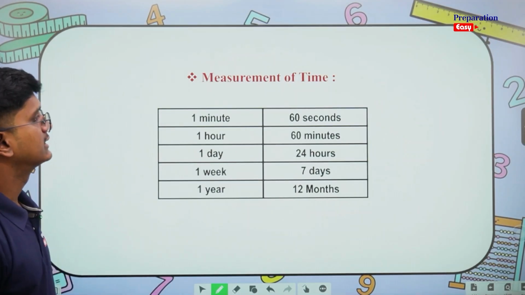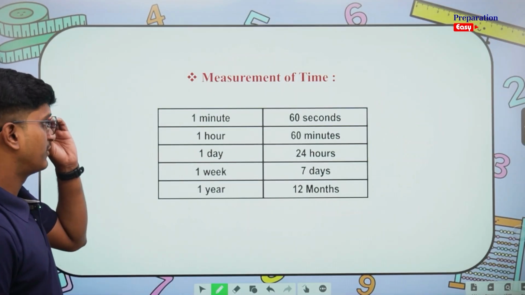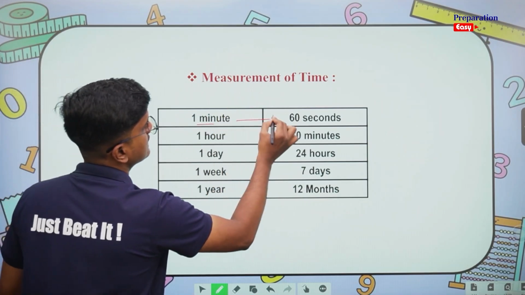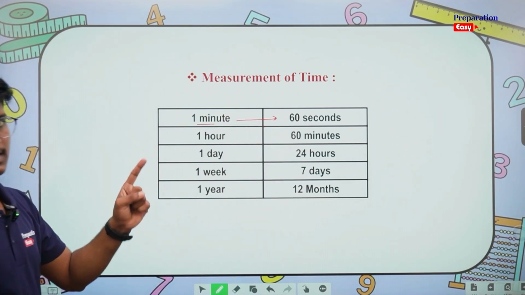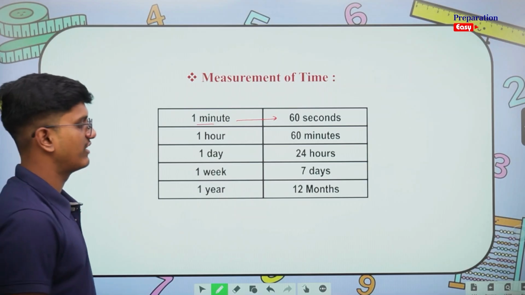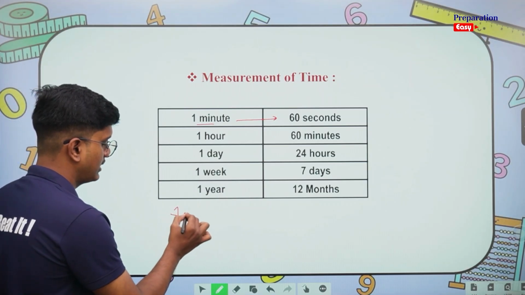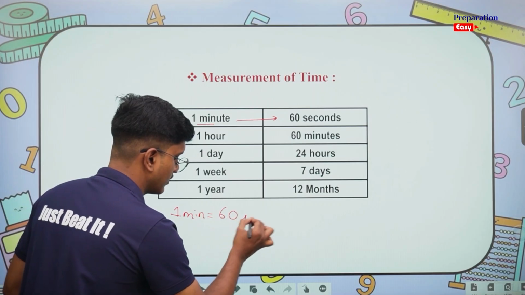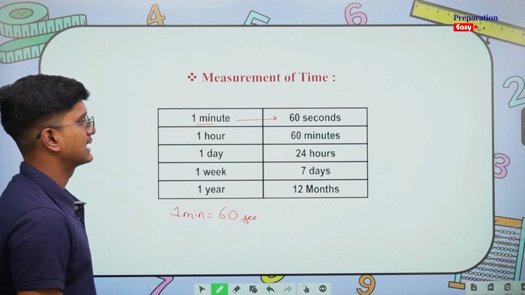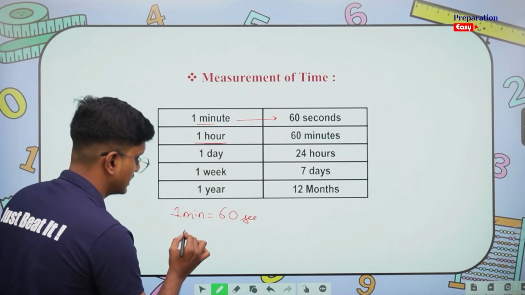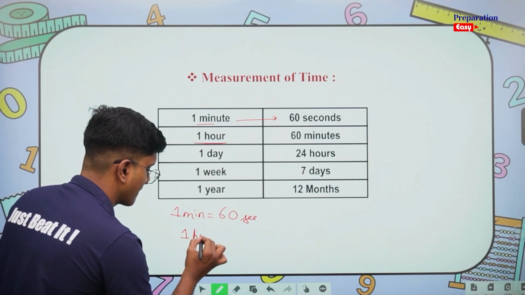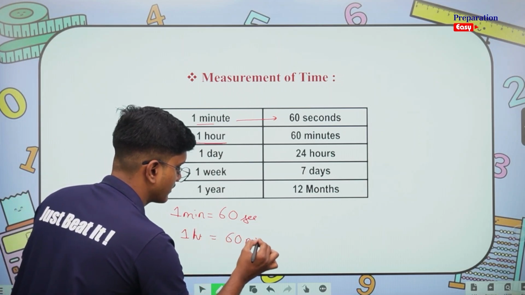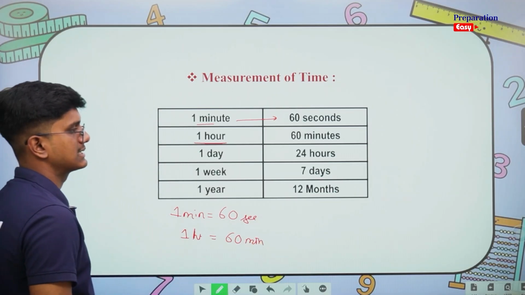Let's see these things. We have some different measurements of time. 1 minute is exactly 60 seconds. So wherever we have only 1 minute, we are counting on 60 seconds. 1 hour has how many minutes? 60 minutes, right? 1 hour has 60 minutes.